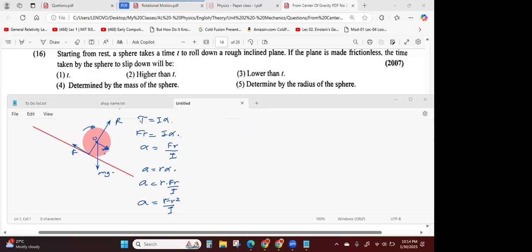Now, in the next one, it is placed on a smooth plane. Here it moves due to the weight component, it slips down.